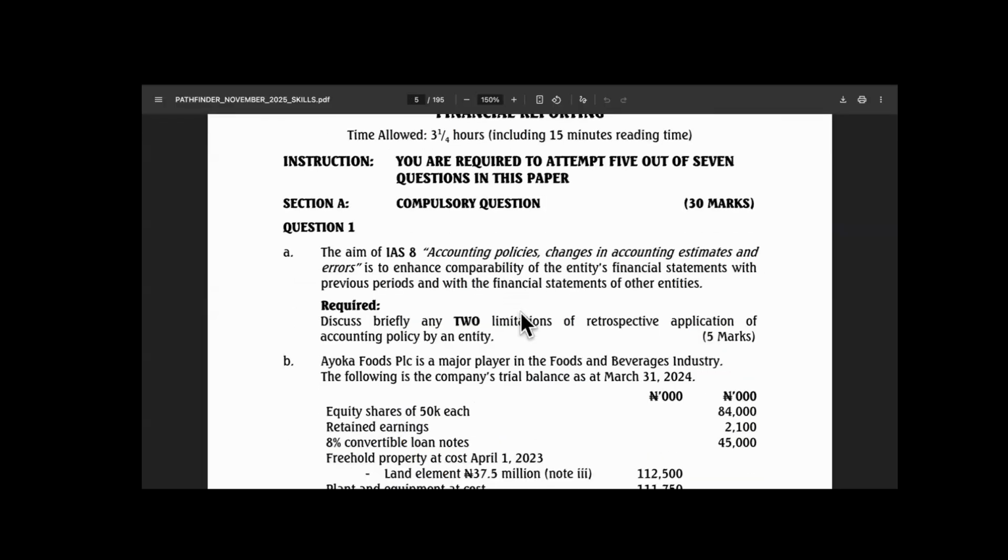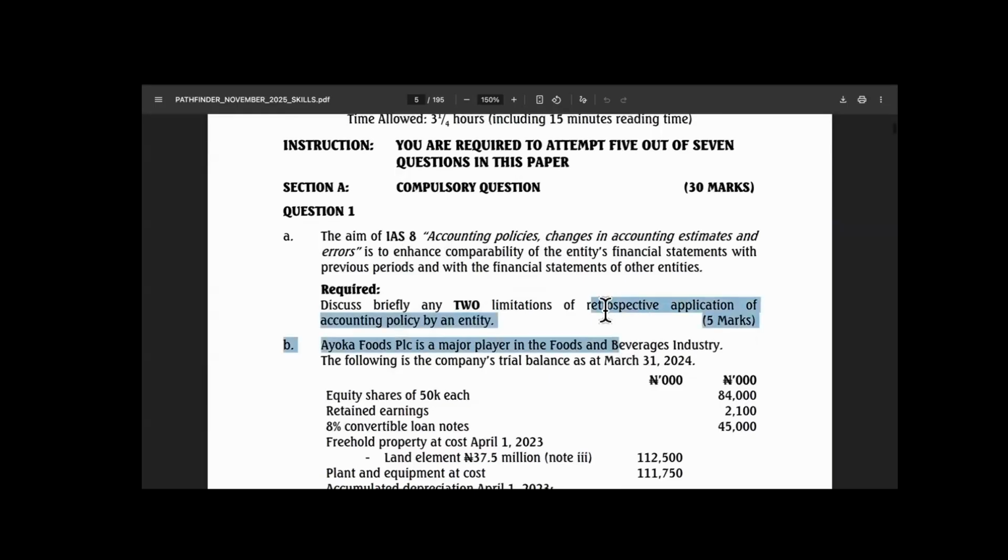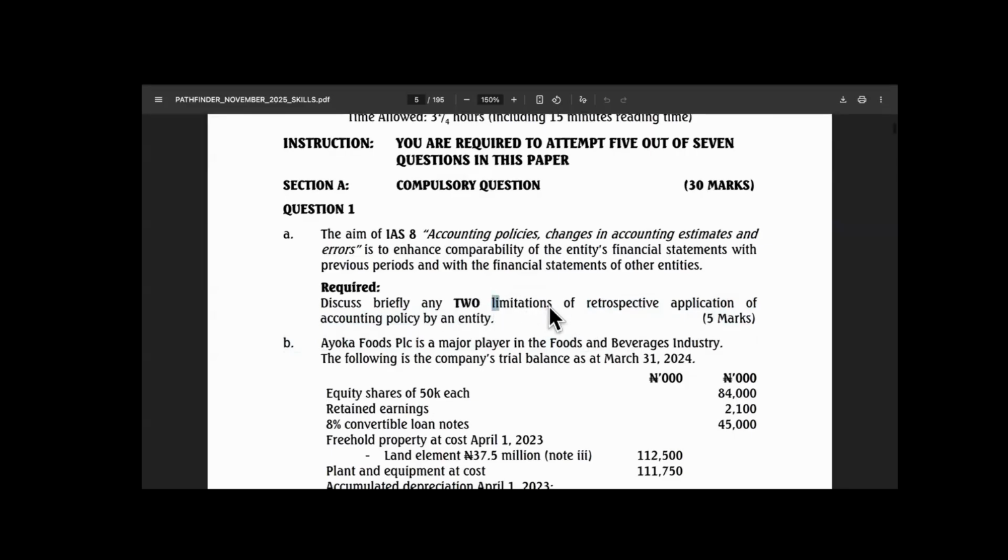So last diet, the first one they showed the student was to talk about retrospective application of accounting policy, IAS 8. So we taught our students, I'm not sure I mentioned limitations. They're supposed to go in there and figure it out themselves.